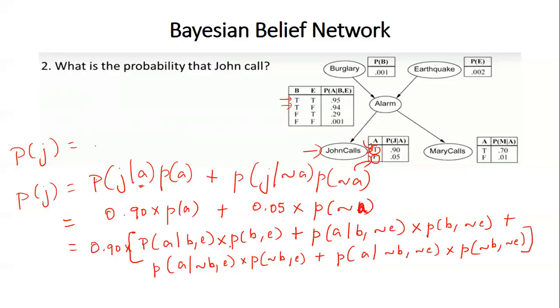The probability of A actually depends on this. Similarly, plus 0.05 into the probability of not having an alarm, also the same thing you have to write.